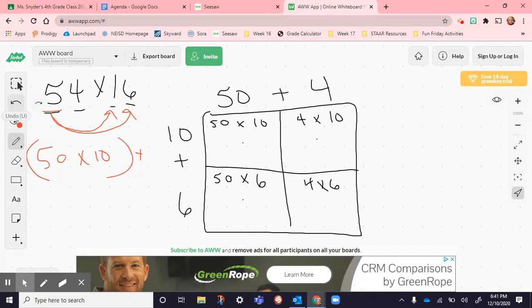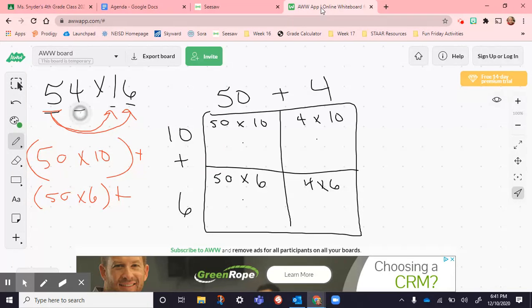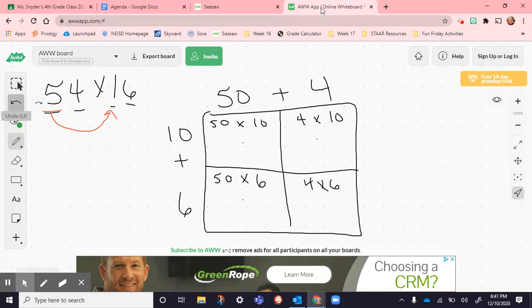So 50 times 10 plus 50 times 6 plus, and then I'm going to do the same thing with my 4. I'm going to multiply it by the 10. So 4 times 10 plus, which is what I did here, and then 4 times 6, which is what I did here. So this is that distributive property, and it's just organized a little bit differently and represented in this box, which just kind of keeps everything together nice and neat, which is nice.